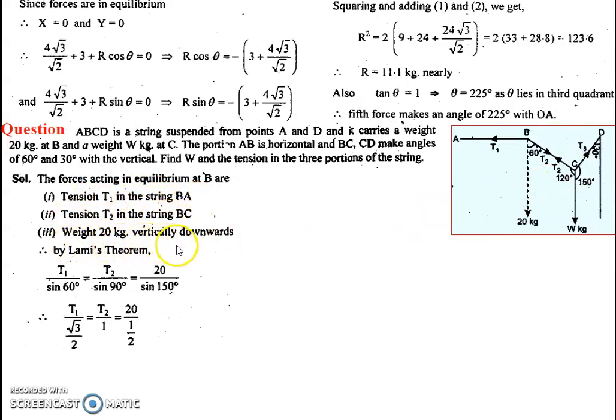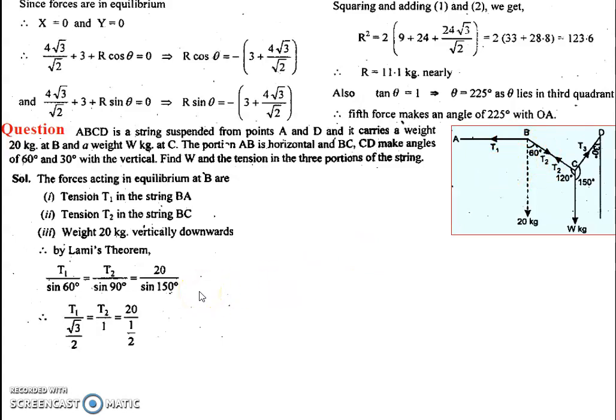By Lami's theorem, since three forces are in equilibrium, T1 by sine of the angle between 20 kg and T2, that is 60 degrees; T2 by sine of the angle between T1 and 20, that is 90 degrees; and 20 by sine of the angle between T1 and T2, that is 90 plus 60, that is 150.